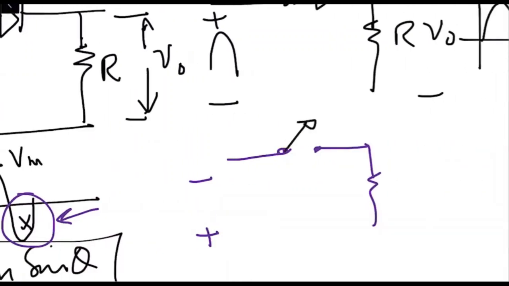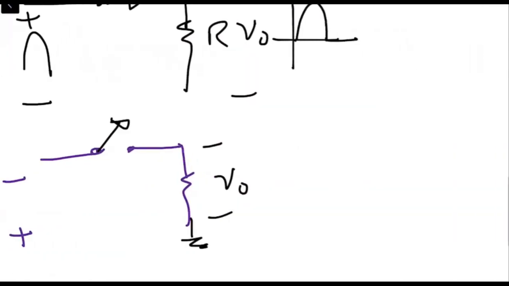Once the diode is behaving as an open switch, no current will be flowing across the diode. And when no current is flowing, V naught will be a flat output, right?